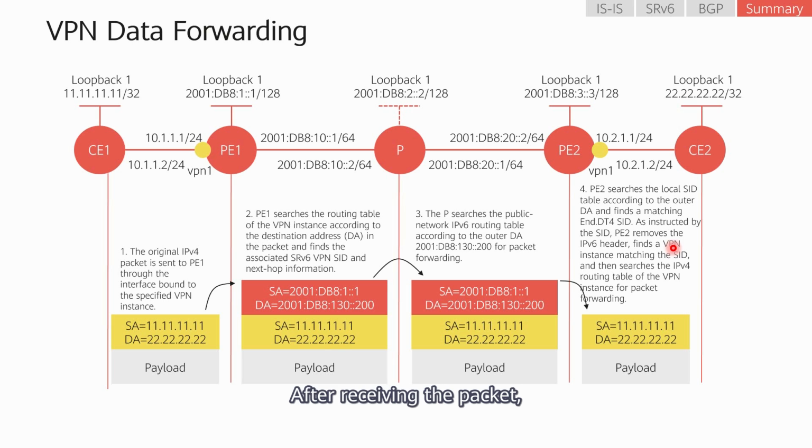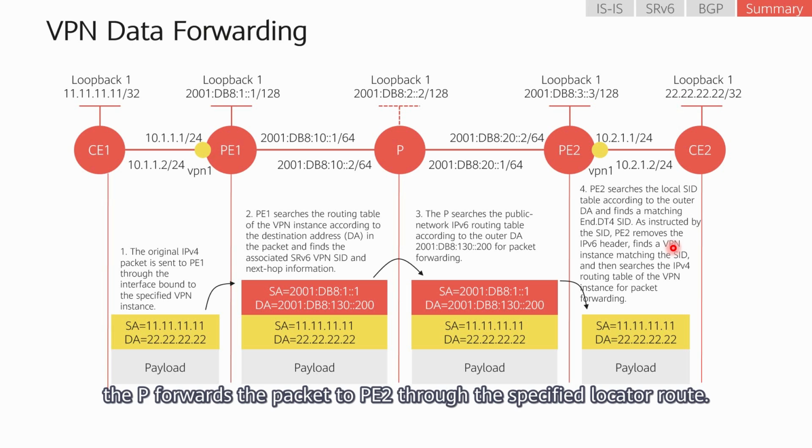After receiving the packet, the P also searches the routing table according to the destination address in the packet. Because SRv6 is not configured for the P, it does not have any local SID table. Consequently, the P forwards the packet to P2 through the specified locator route.